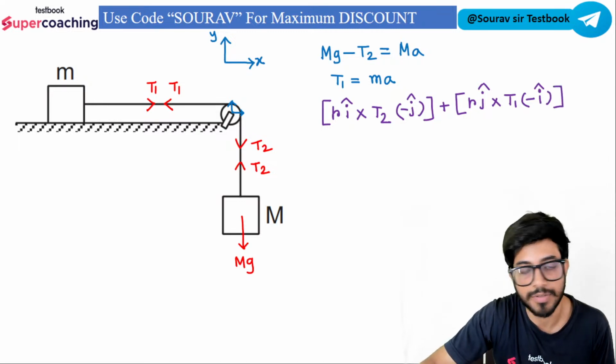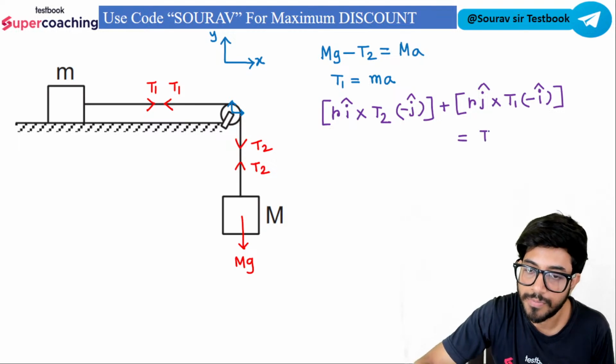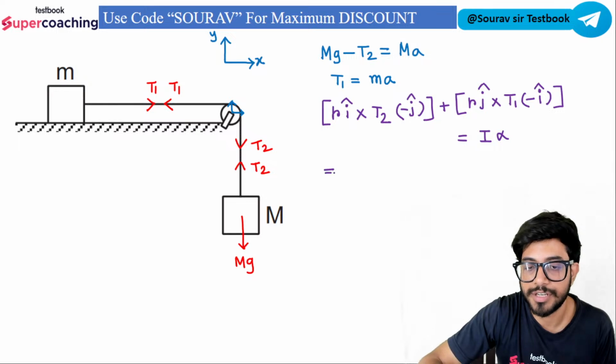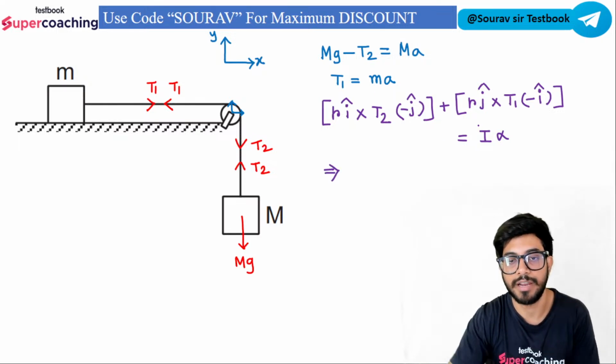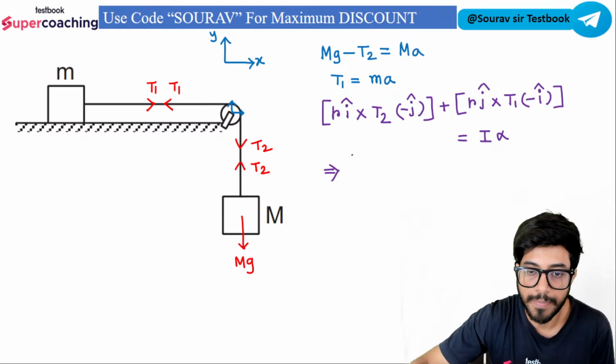This is another torque. Both torques should give me I into angular acceleration alpha, the moment of inertia into angular acceleration alpha. Now just have a look at what I'm getting. I cross J is equal to K, so I'm getting minus K.